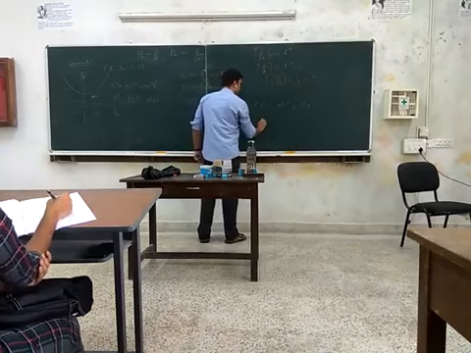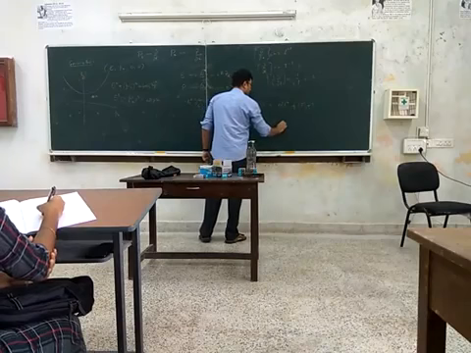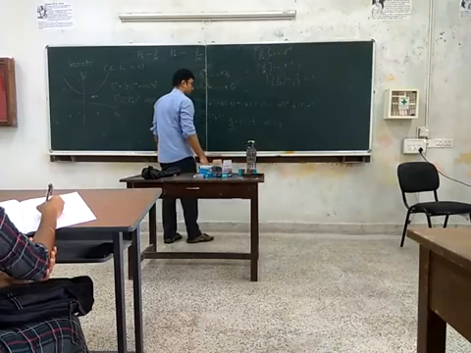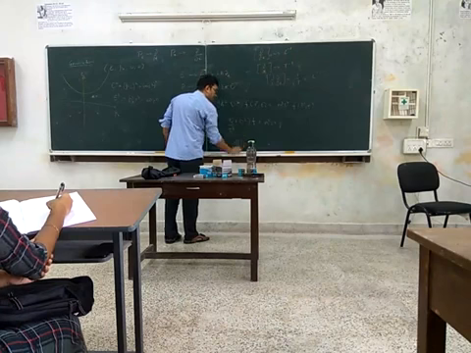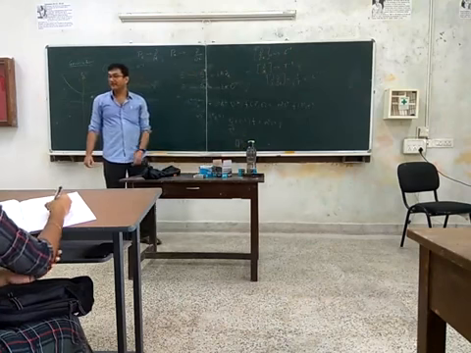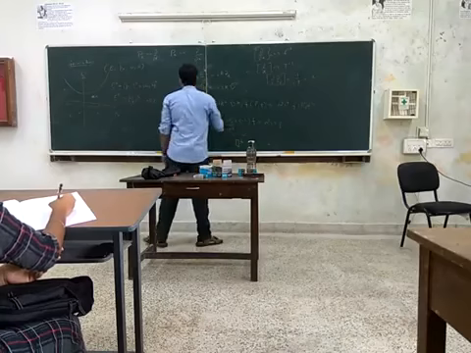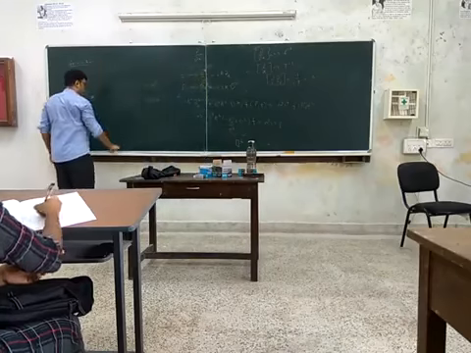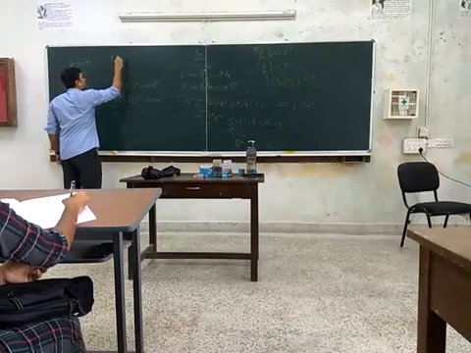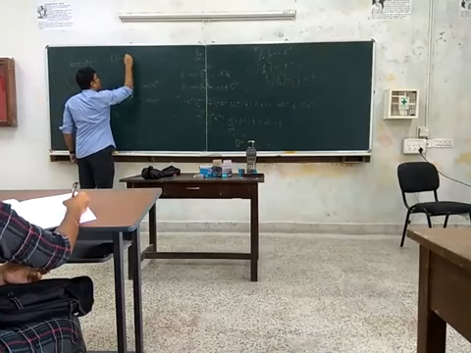Times this function f equal to n squared f. This quantity you can write as box. So the box operator is what?